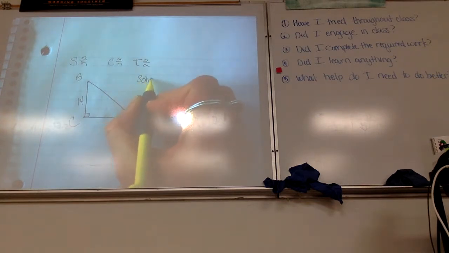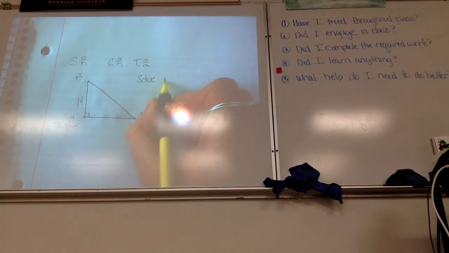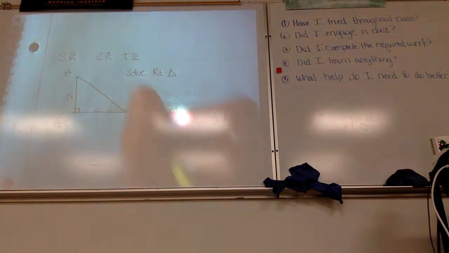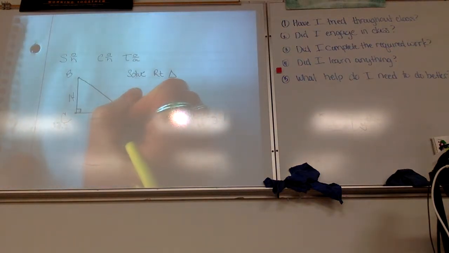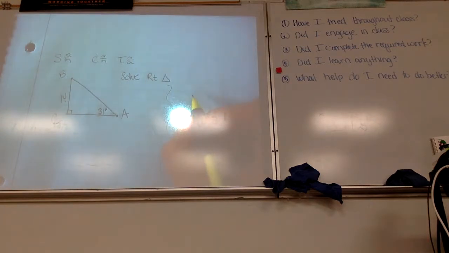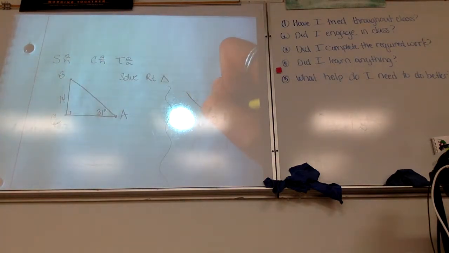And our whole goal is to solve the right triangle. So when I tell you to solve the right triangle, that means just come up with all the missing pieces. So that's example 1. I'm going to have you write down both examples in case I get some people that are super antsy and want to work ahead.